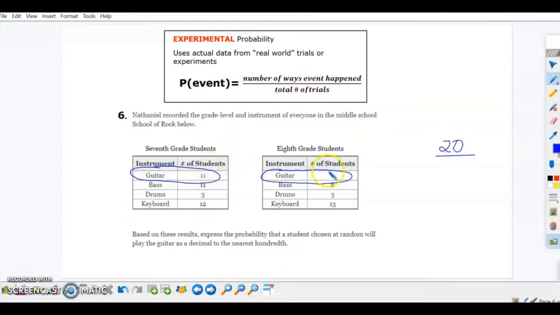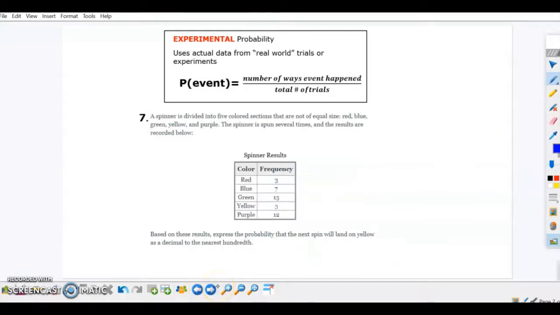I would need to add all of these up. So see if you can add those up and then divide to find the probability. If I add all these numbers up, I got 70. So 20 out of 70 as a decimal is 0.29.